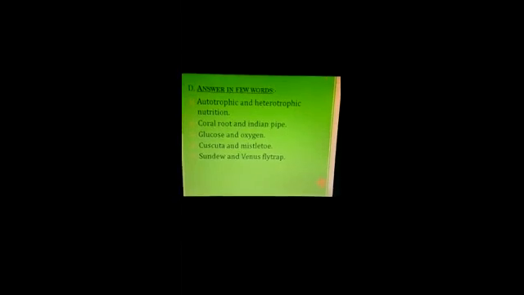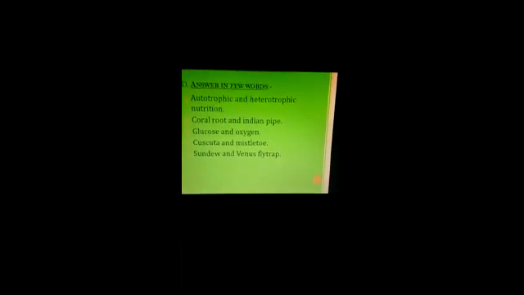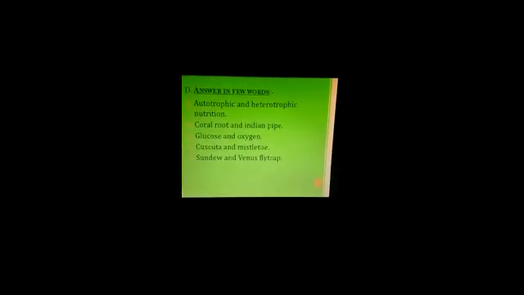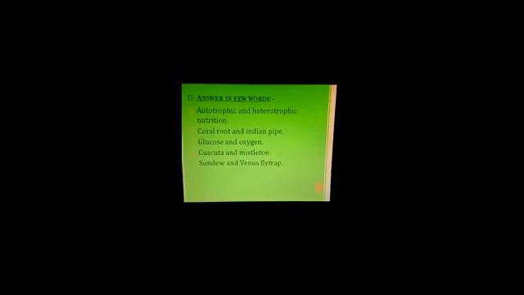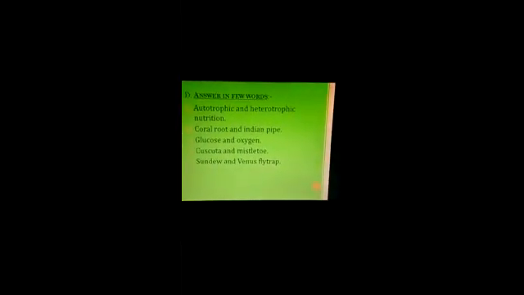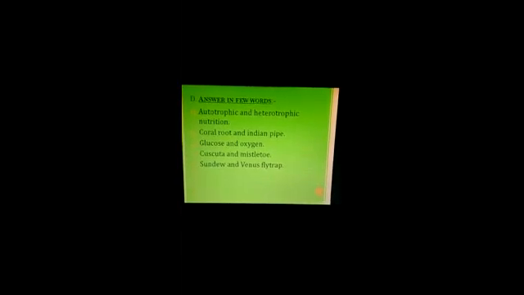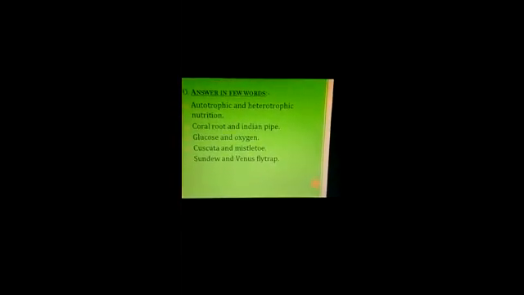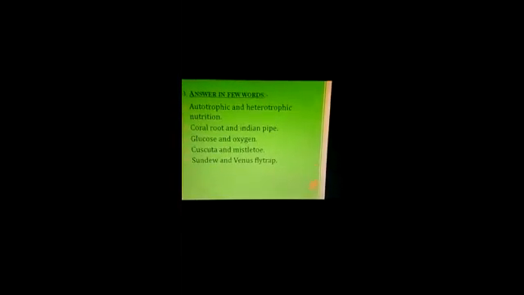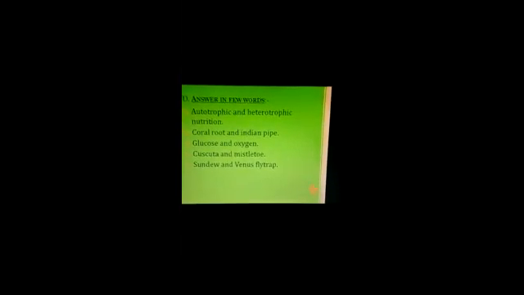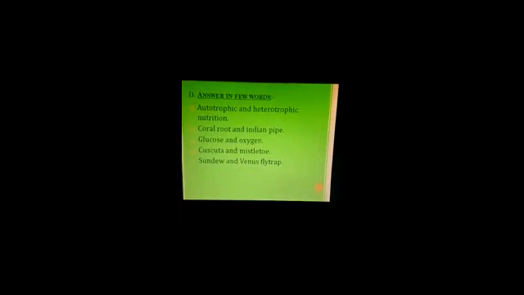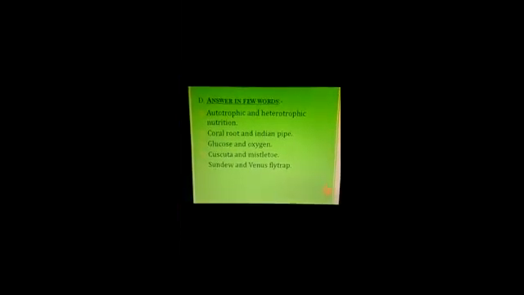Question number 3, name the products of photosynthesis: glucose and oxygen. Question number 4, give 2 examples of parasitic plants: cuscuta and mistletoe. Question number 5, give 2 examples of insectivorous plants, that is sundew and Venus flytrap.